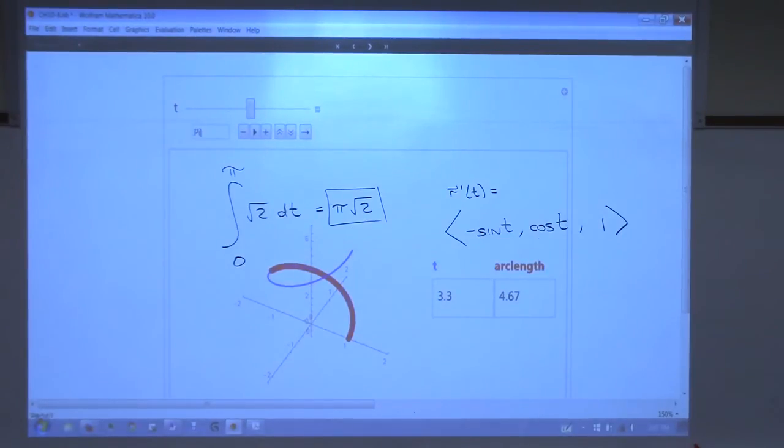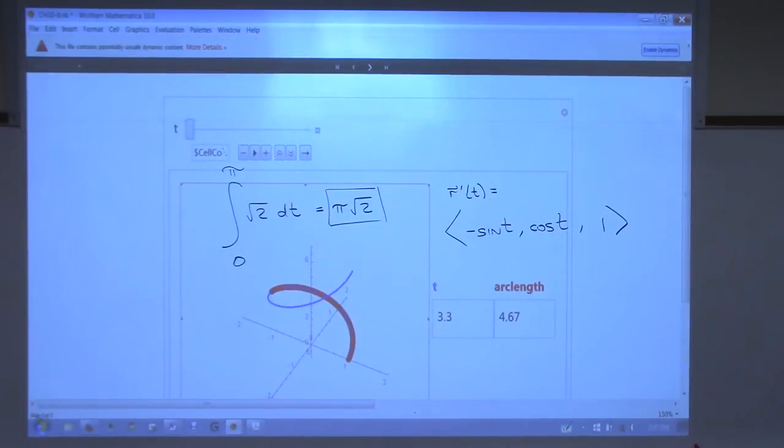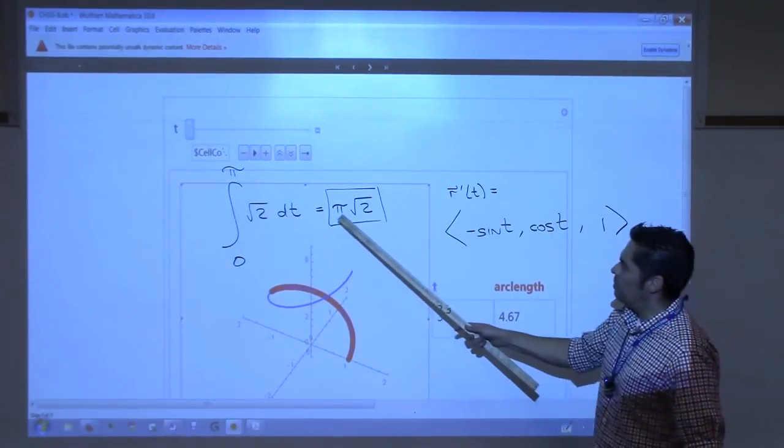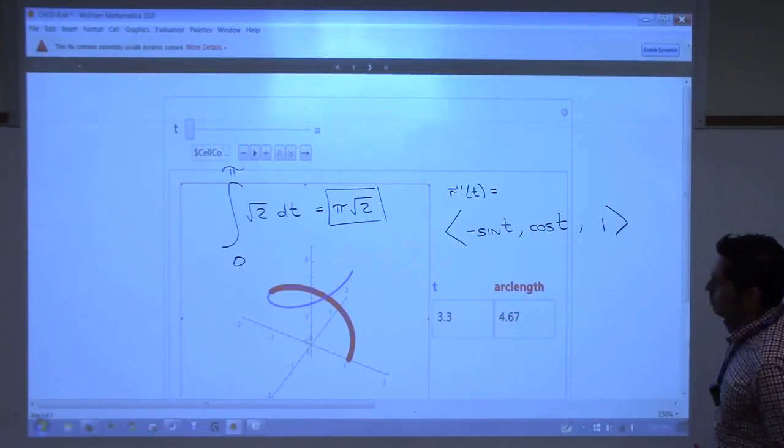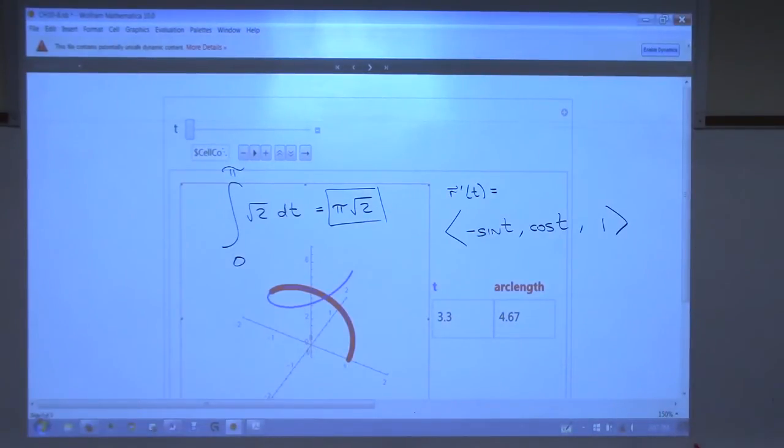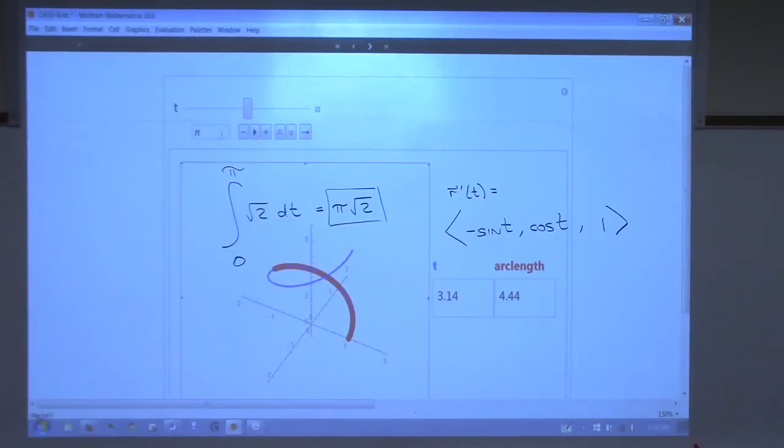Pi. Okay, so someone on their calculator, what's pi times root 2? Just verify for me. 4.4? Really? I think it didn't take the pi. Why didn't it take pi? That's weird. Oh, I didn't enable dynamics. That's why. There we go. 3.14, 4.44.